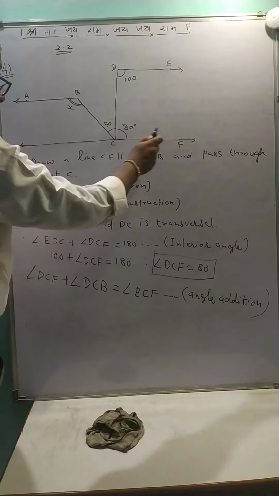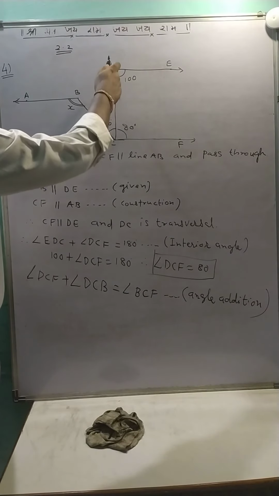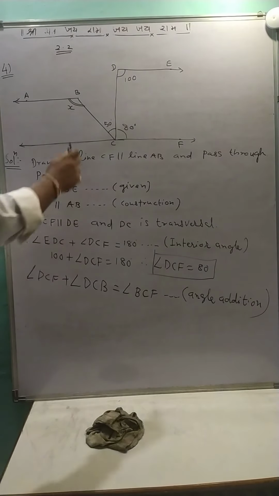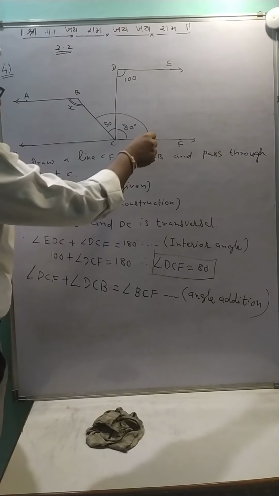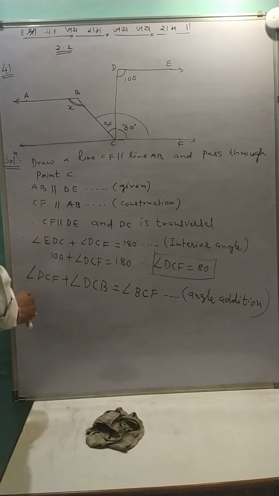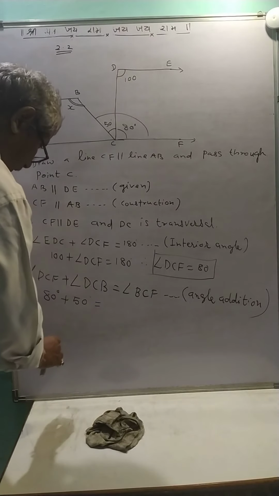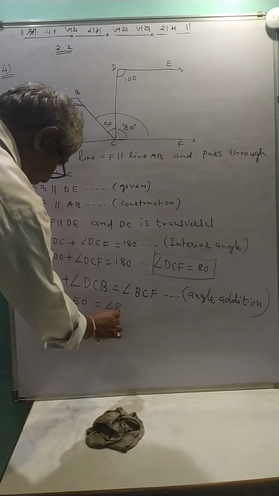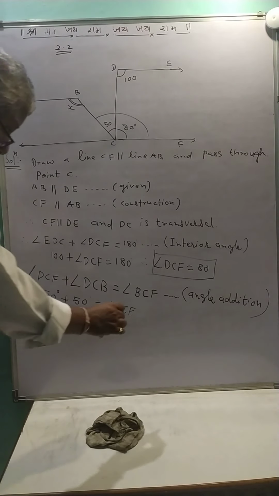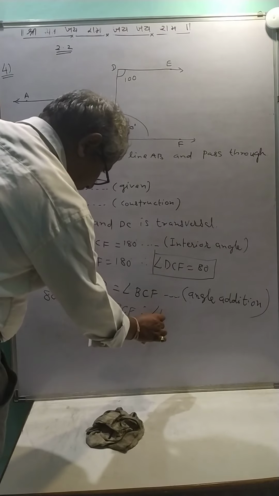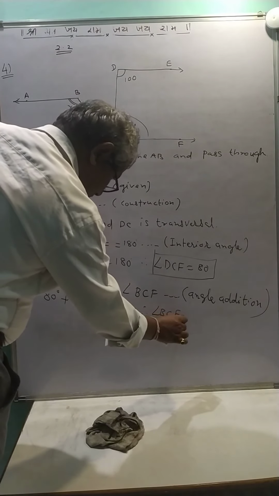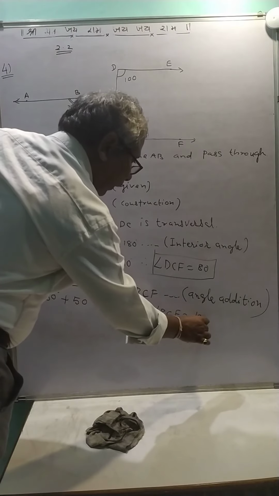So this DCF plus DCB is the total BCF. Therefore DCF is 80 degrees plus DCB 50 degrees is equal to angle BCF. Therefore angle BCF is equal to 130 degrees.